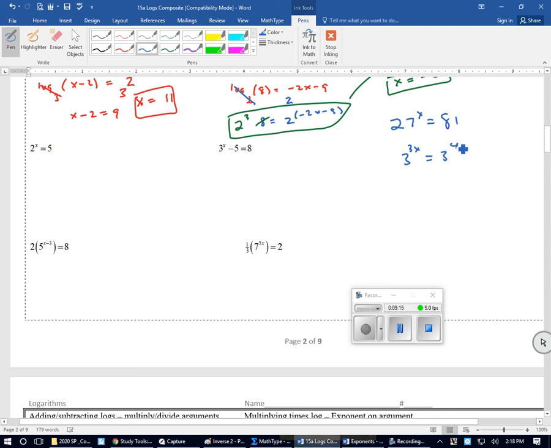But what about something like this where they don't have a common base? 2 and 5 do not have a common base. Well, there is an answer, but it's an ugly decimal thing. We call it irrational. You can't write it as a fraction.